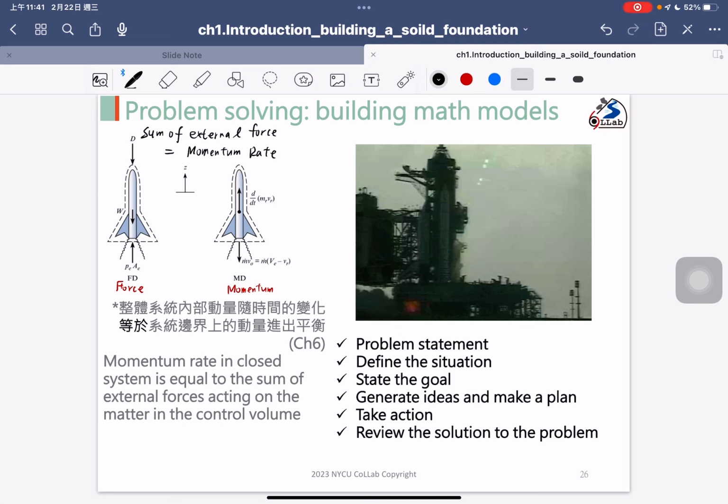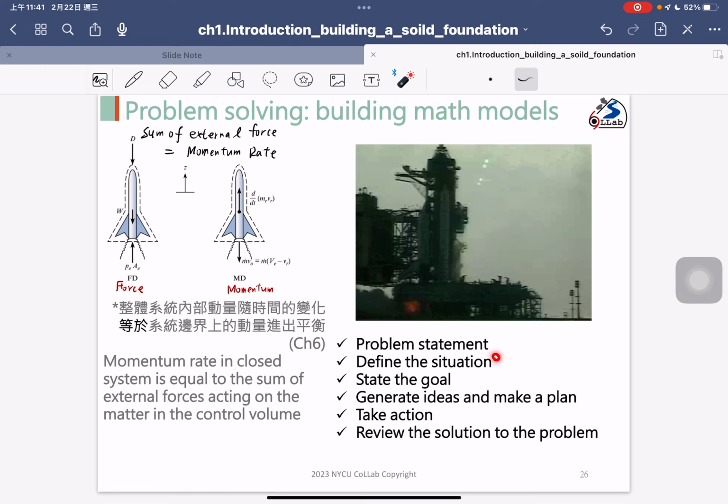And on the slide, I highlight some important skills for when you meet a problem. You just follow step by step the sentences I show here. First, you need to do the problem statement, because you need to know what problem you have.